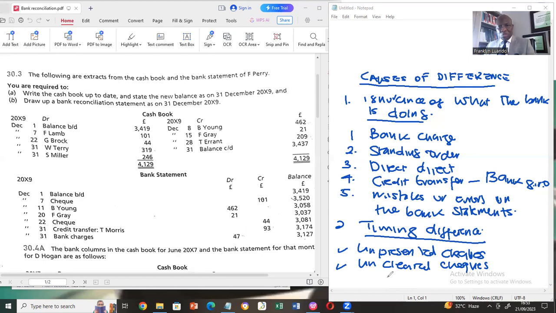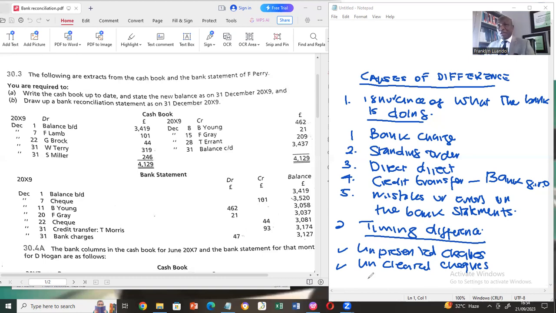These are checks which the entity has received from the receivables, and they have been entered in the cash book, the bank columns only, but they are not yet cleared. Therefore, they are not showing on the bank statement. So those are the causes.